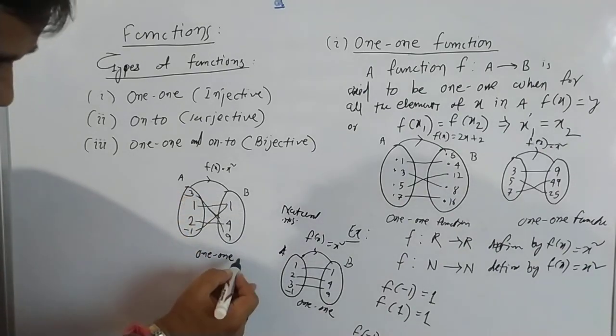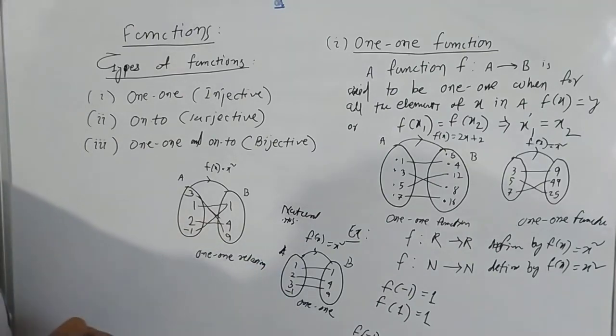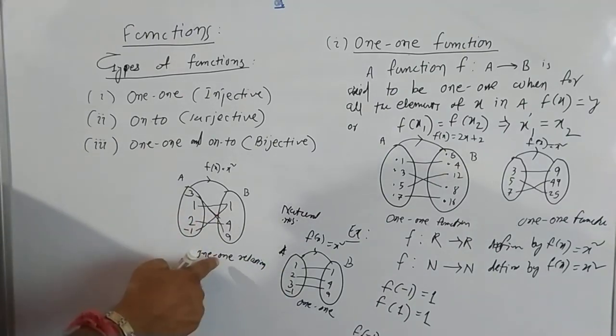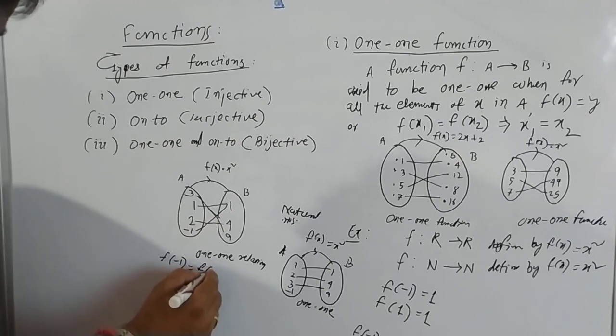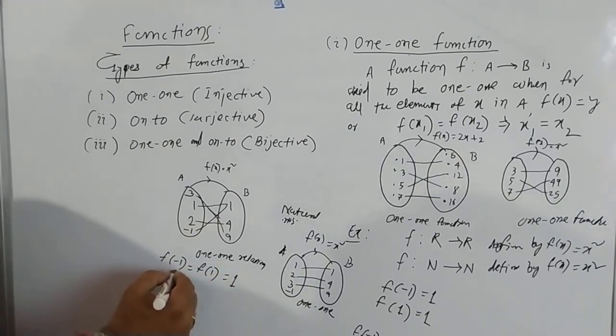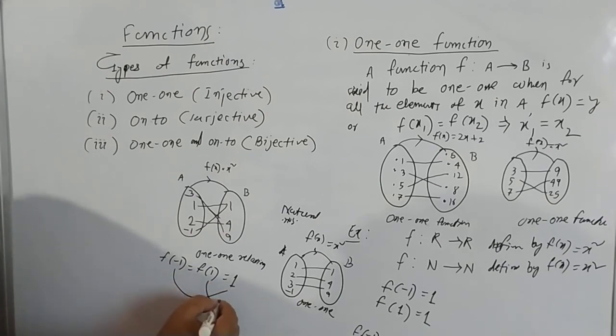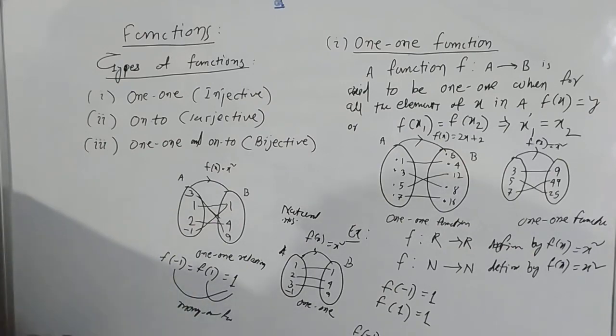So at first I wrote it is a one-one relation, but it is not a one-one function. How? Because f of minus 1 is equal to f of 1 is equal to 1. That means for minus 1 it is 1, for 1 also it is 1. So this is a many-one function. One image is there, but it's a many-one function.